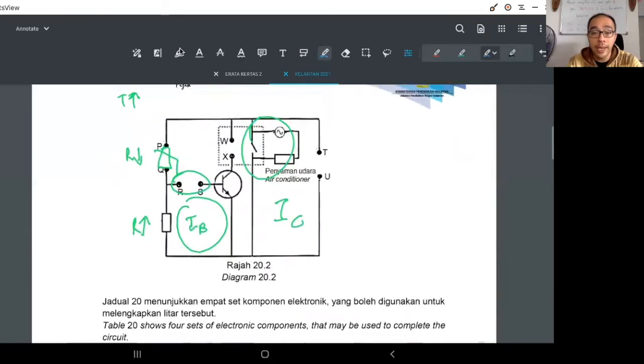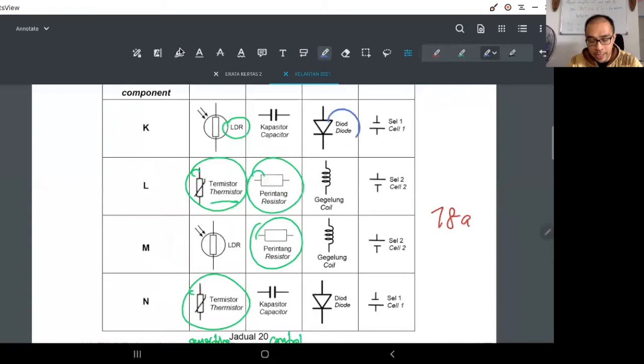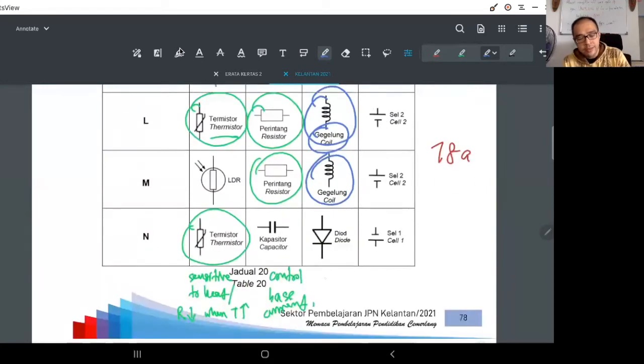Okay, WX. WX is over here. You have two choices, either a diode or a coil. So this one will obviously be a coil lah. Okay, so this is what we want. We want a coil, so that you can either increase the voltage, or you can complete the relay circuit.